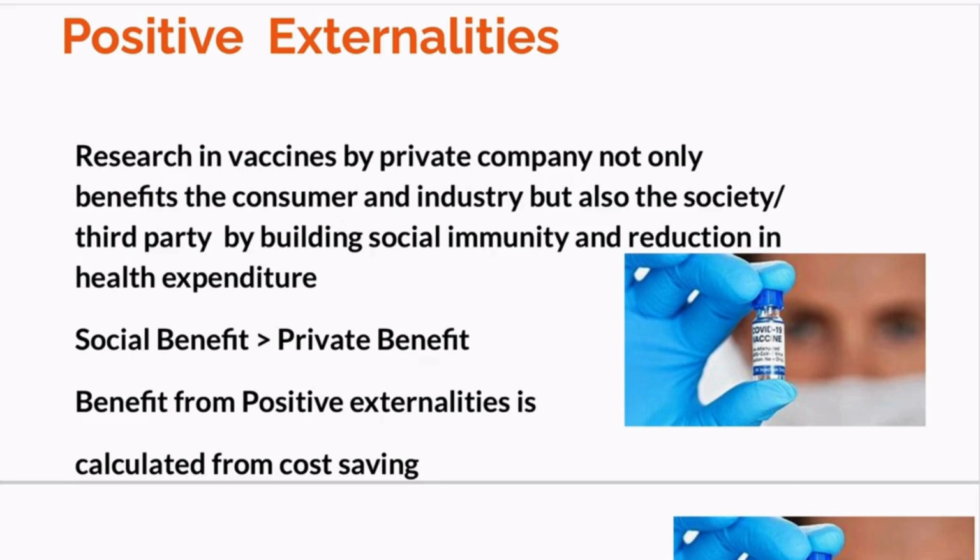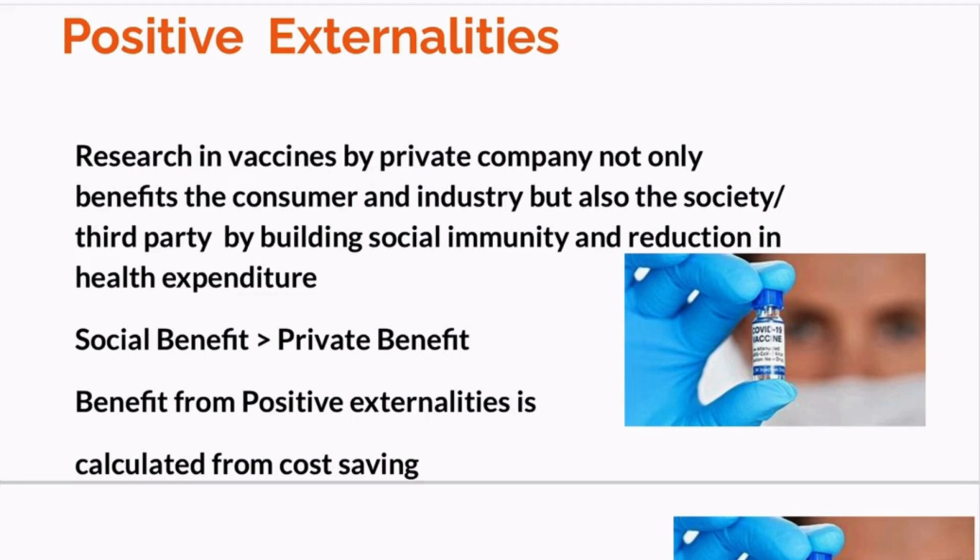It means there is, in a way, more protection to the general society for that disease, right? So the social benefit would be much more than the private benefit in this case.